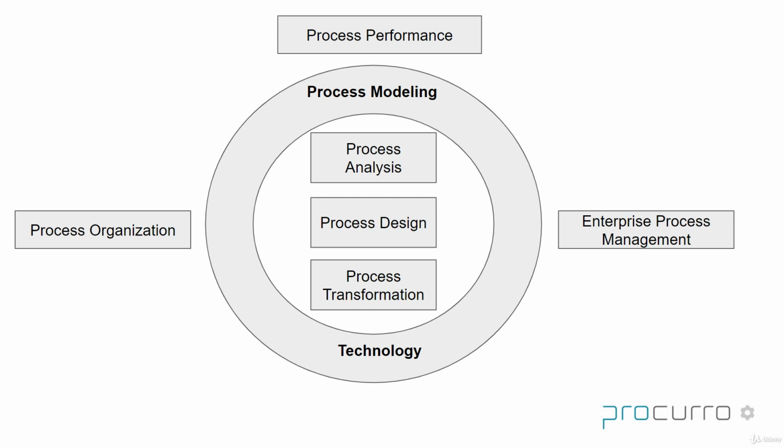Let's move on to the bottom description of the circle, which is technology. Technology is used at different levels within business process management. Let me give you a couple of examples. Please don't look at this list as being exclusive. The first one that immediately comes to mind is the technology we use to put the model together to begin with.